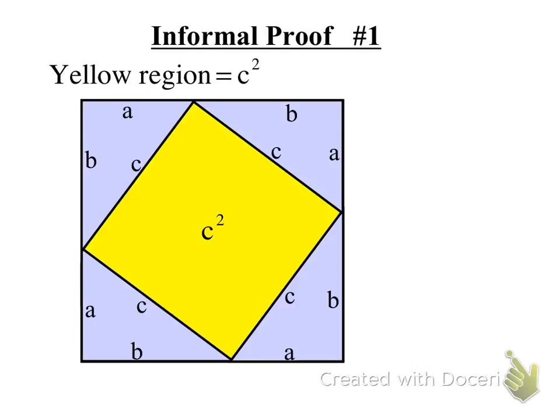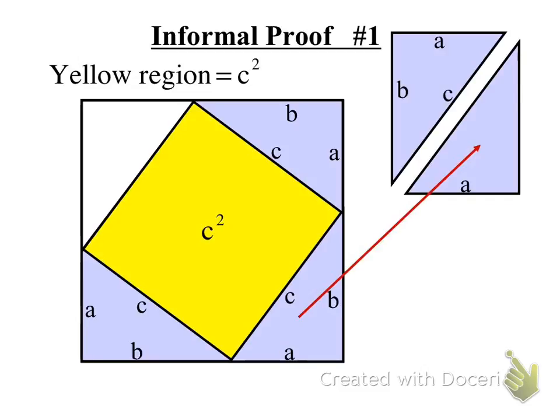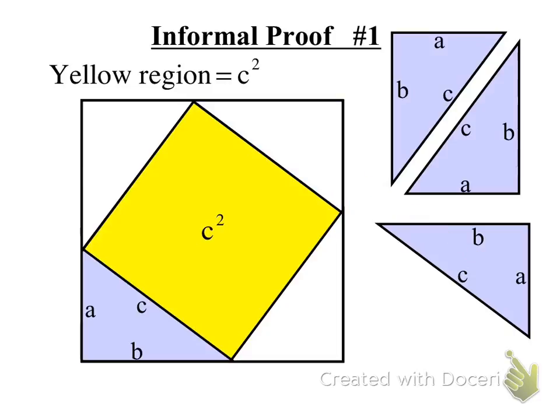What happens if I take my purple triangles out? Can I say that these two triangles make a rectangle? And these two triangles make a rectangle.